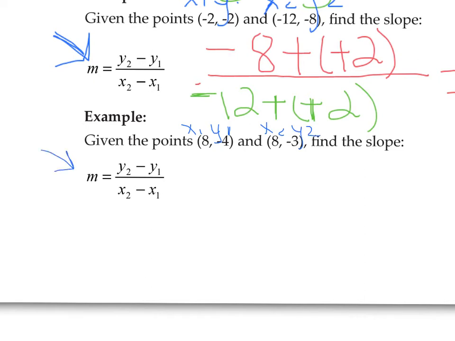All right, y2 minus y1 is going to give you -3 minus -4. So that's going to be in the numerator, -3 minus -4. In the denominator, x2 minus x1 is going to give you 8 minus 8.